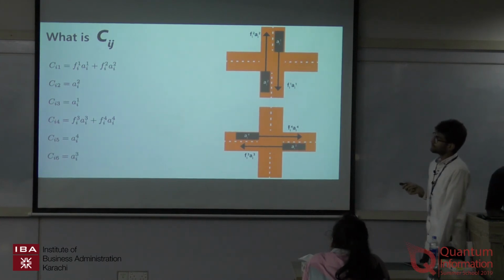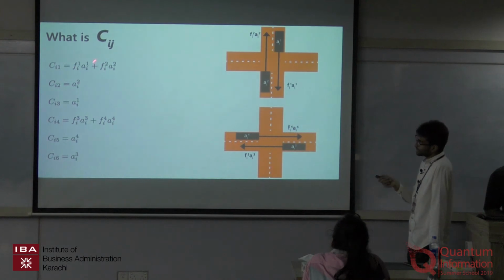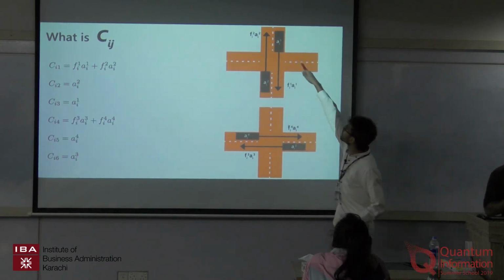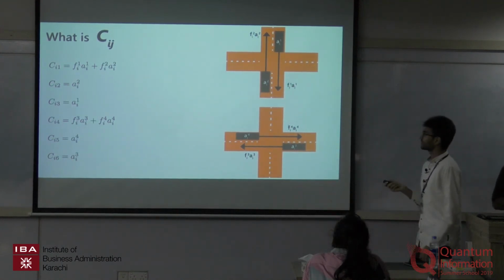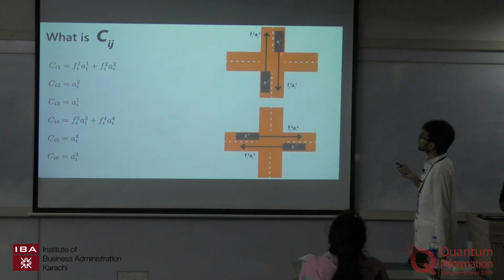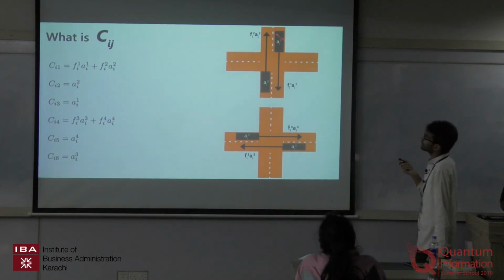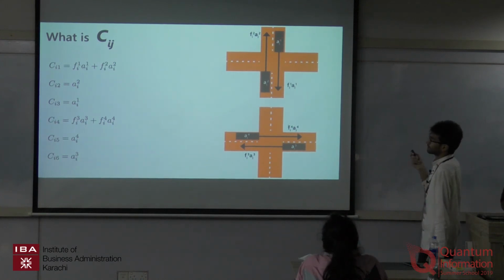Ci1 basically represents that if we turn the mode 1 on, so remember mode 1 is this mode, how many cars can we get cleared? As you know, if we have some number of cars over here, not every car wants to go straight down. Some of them would want to go to the right and some to the left.